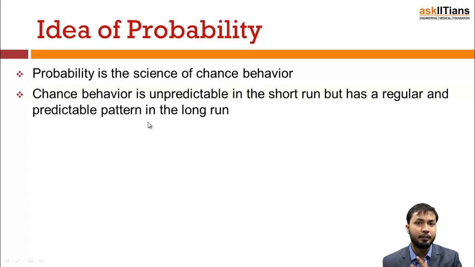We cannot be sure how many times the head will come, how many times the tail will come. But if we do the same toss over 100 trials, let's say I get 55 heads and 45 tails, we understand that the likeliness of getting a head may be more as compared to getting a tail.